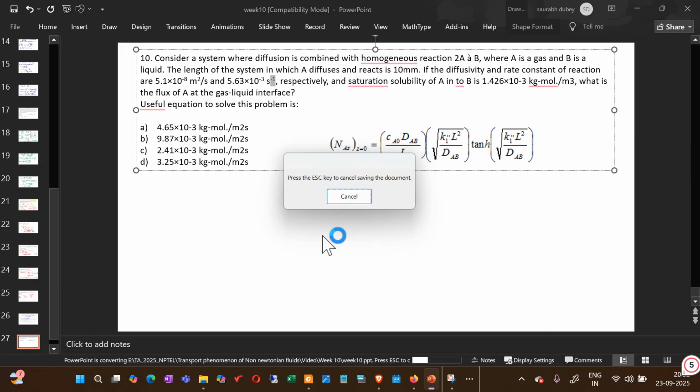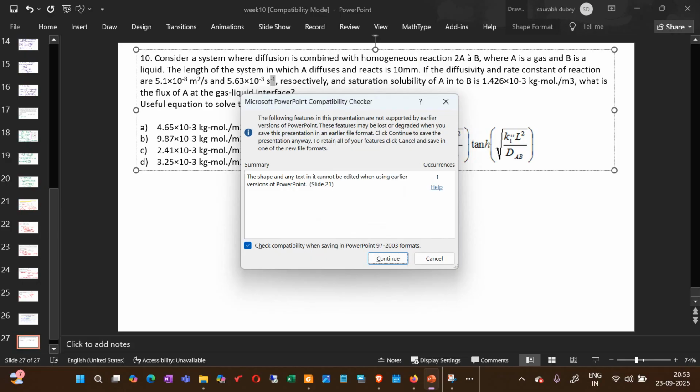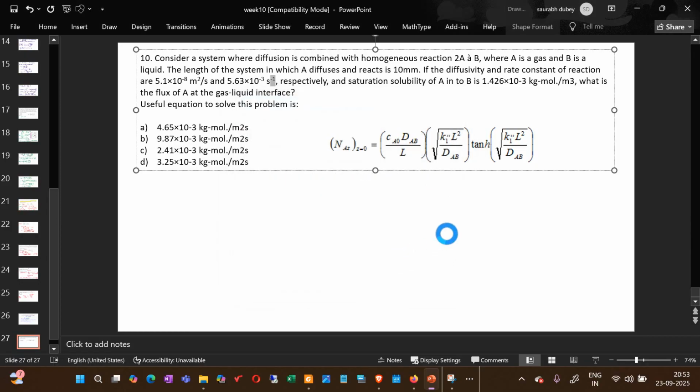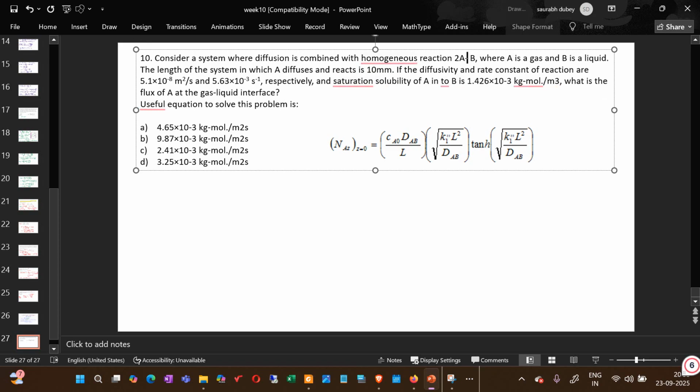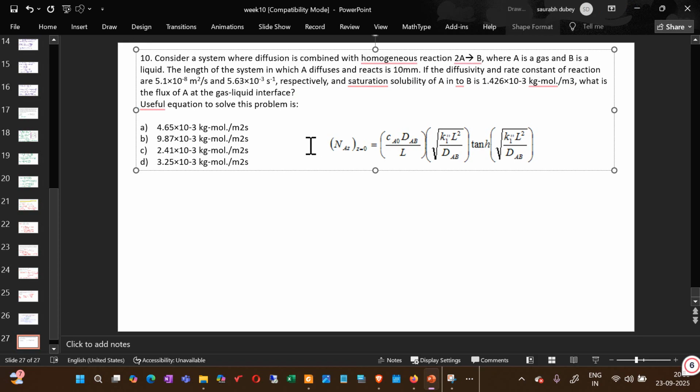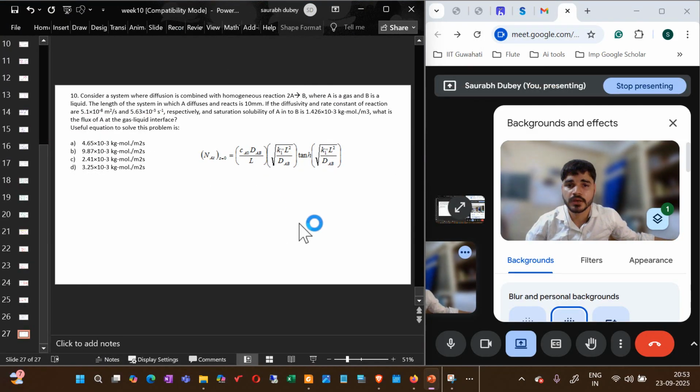Okay, so it is done. Let me fix it. Yes. Consider a system where diffusion is combined with the homogeneous reaction to give B.